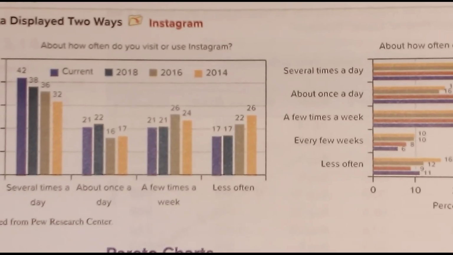Now, in the grand scheme of things, does it matter? Yes. Does it look like people are using Instagram less or more based on the trend in these columns? That's the problem. I can't tell, can I?